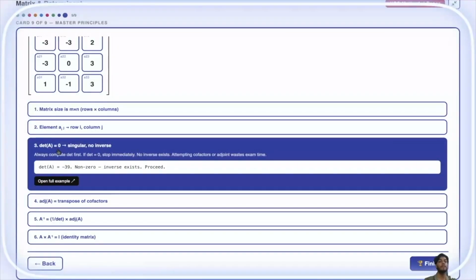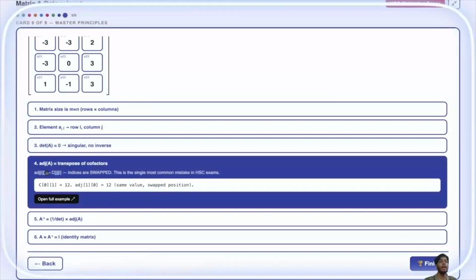Then determinant of A equals 0 means it's a singular matrix and it can't have any inverse matrix. Adjoint matrix is the transpose of cofactors. Yes, when you transpose the cofactor matrix, we get the adjoint matrix, and it is true.